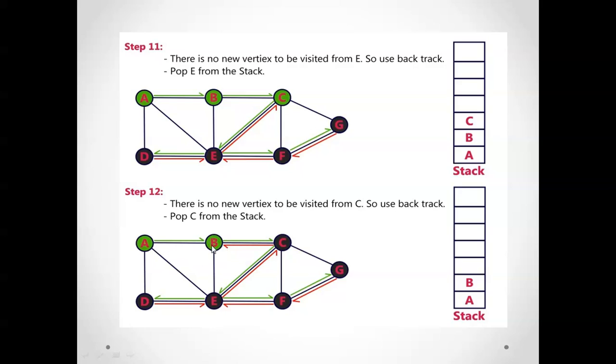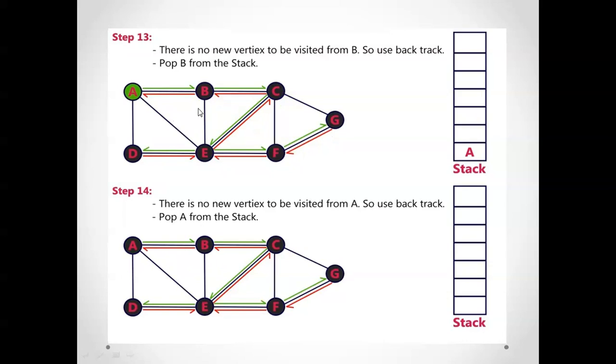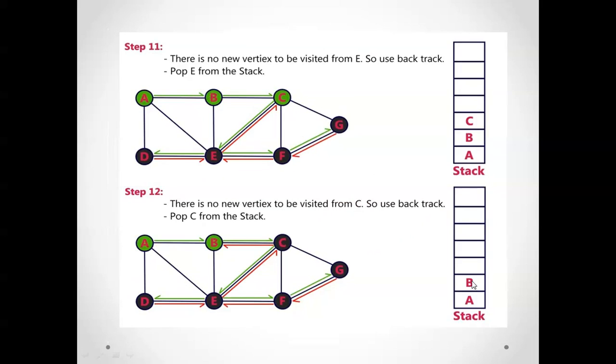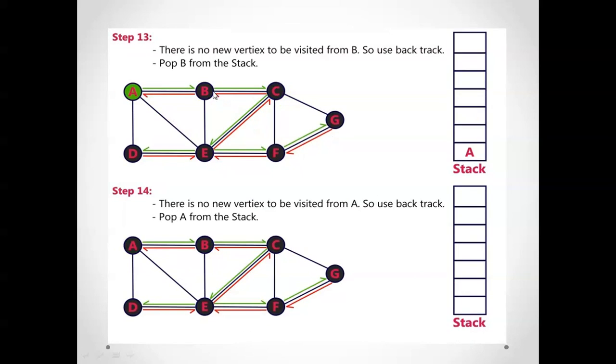When you perform the backtracking, we need to remove the vertex B, because it is on top of the stack. That's why I'm going to remove B from the stack. Now we have only one element in the stack. There is no vertex to be visited from B, so we backtrack.